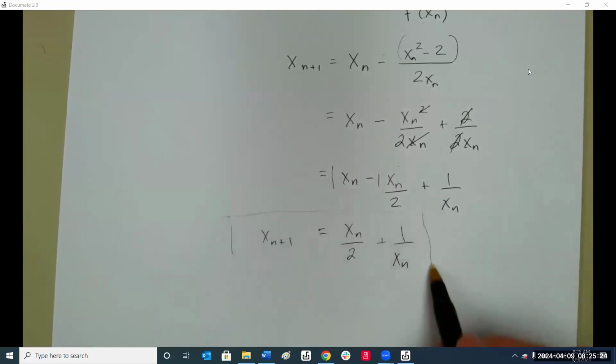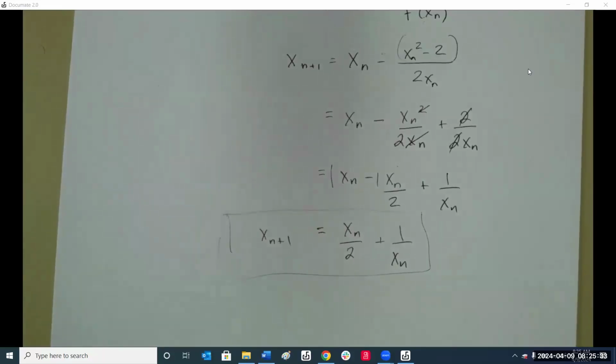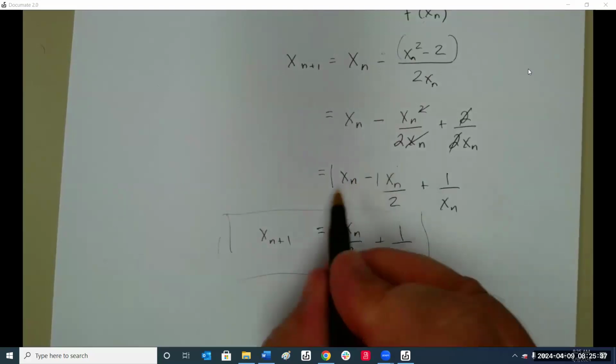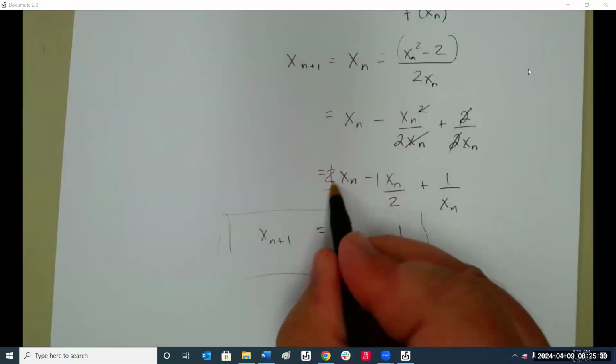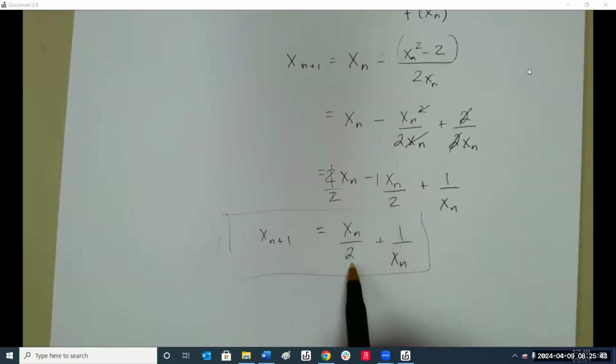So this will make an easier equation. We can just plug them in there. Since both of these are x sub n, we have 1 over 1. We can make it 2 over 2. 2 minus 1 is 1 over 2.